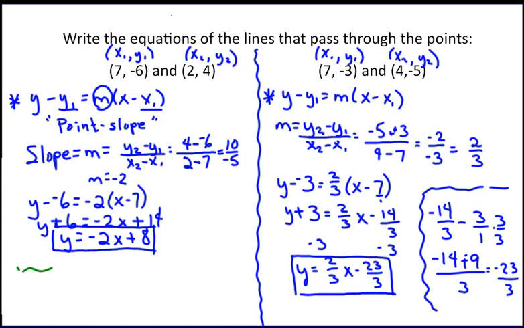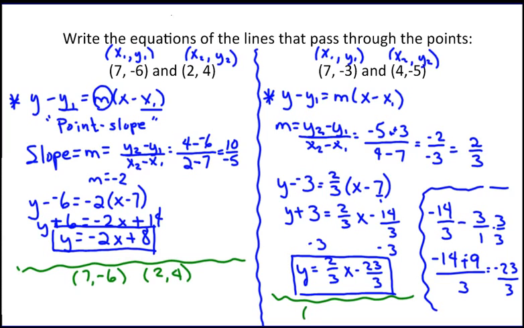I'm going to write the ordered pairs down again. I've got 7, negative 6, and 2, 4. And then when I do the other problem, I will have the ordered pairs 7, negative 3, and 4, negative 5.